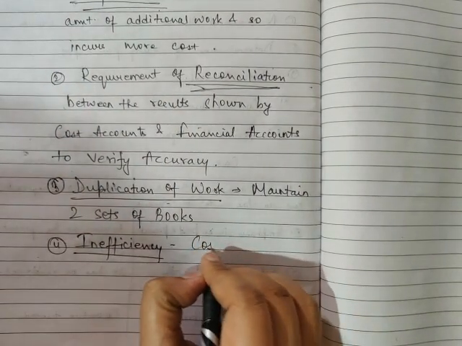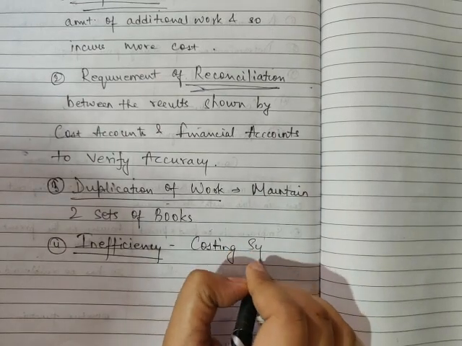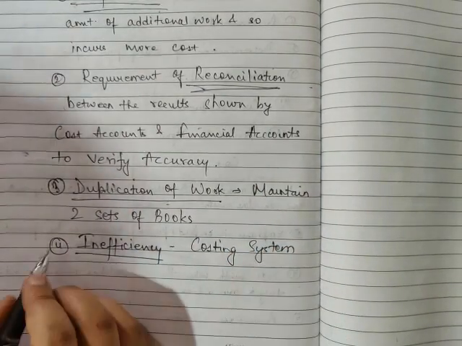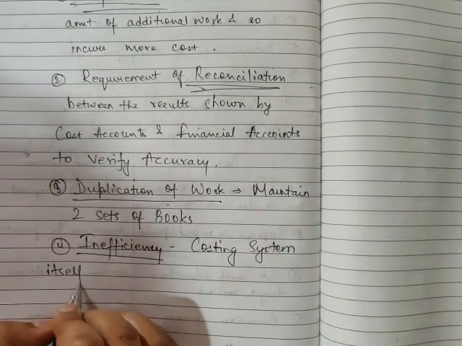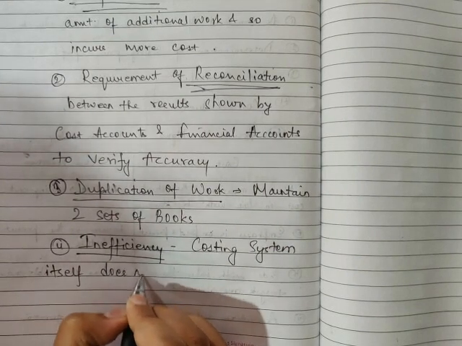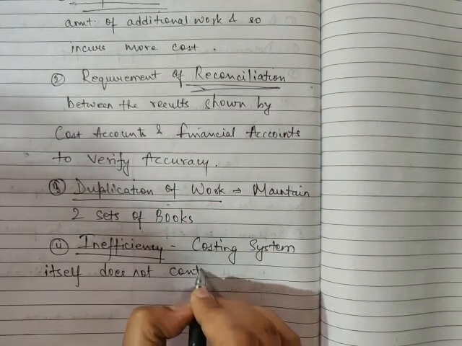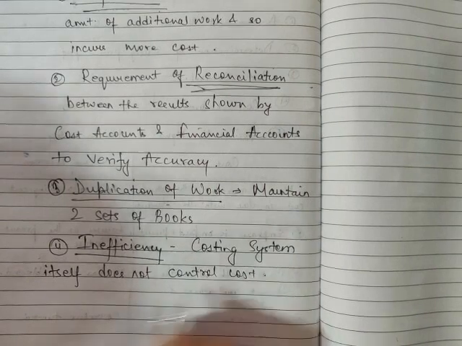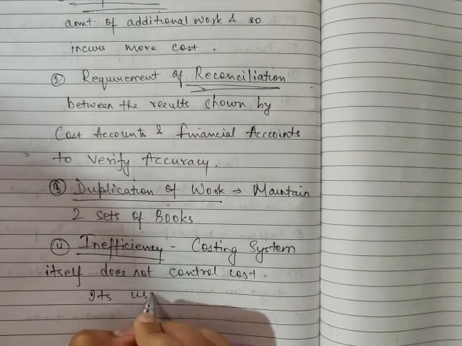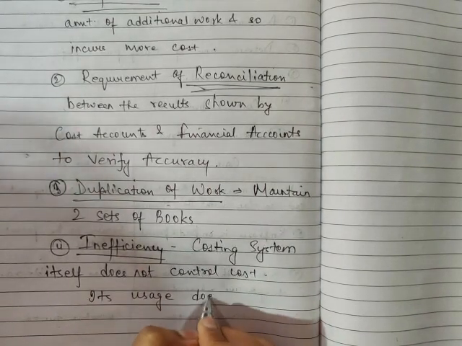So the costing system itself does not control cost. Its usage does.